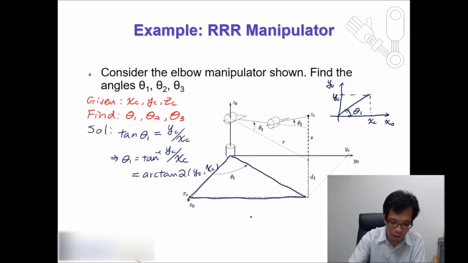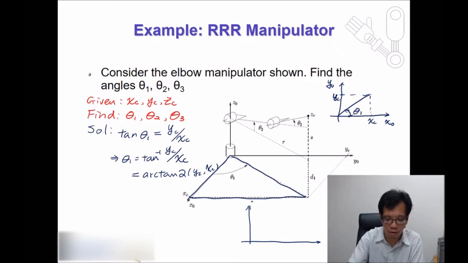After we solve that one, we're going to project the rest of the part onto a two-dimensional displacement. So this time, instead of having everything in a three-dimensional drawing, we just cut this point and project that into this one.